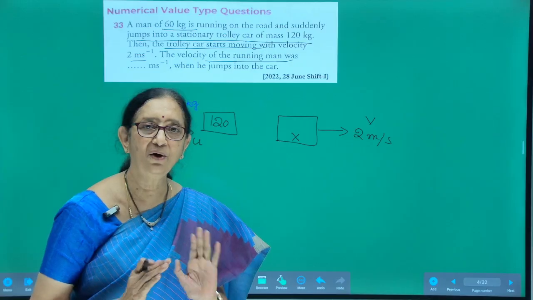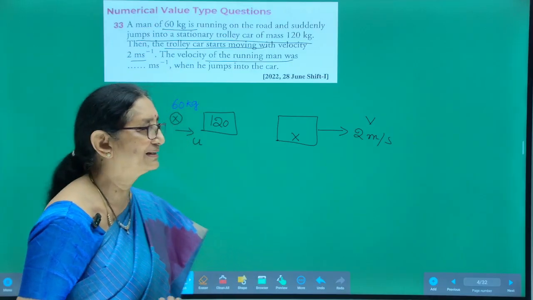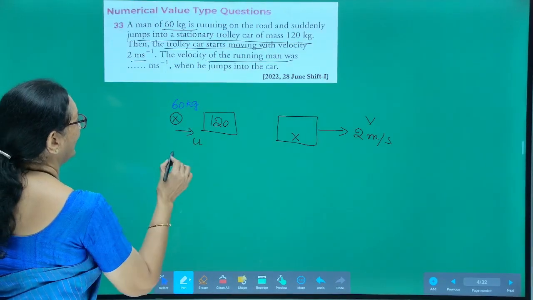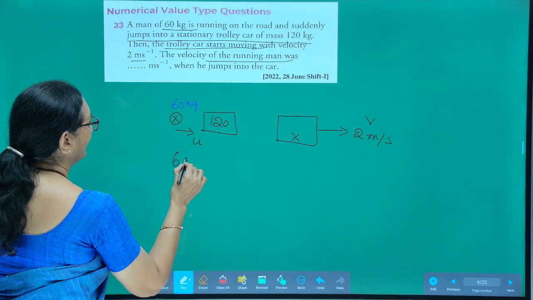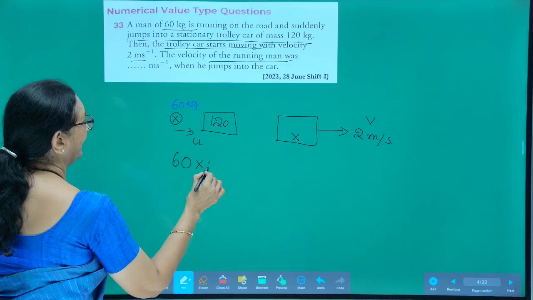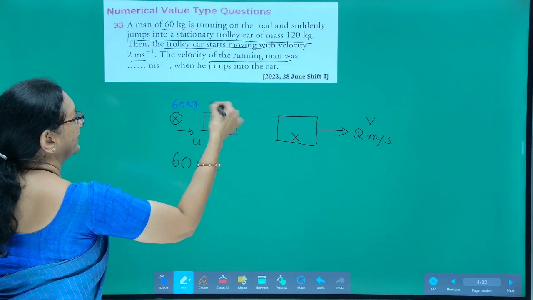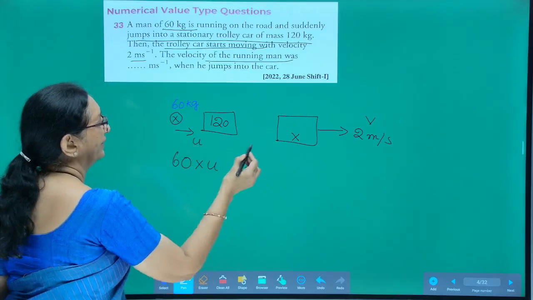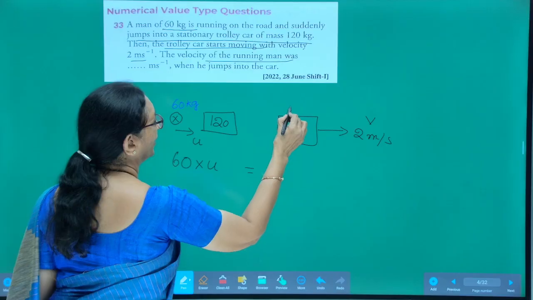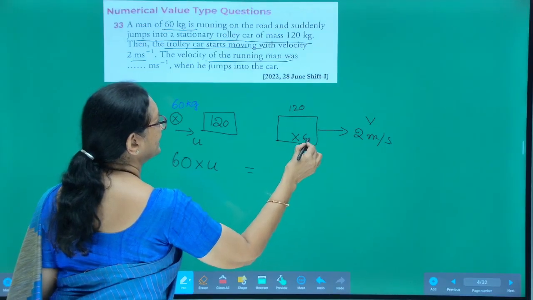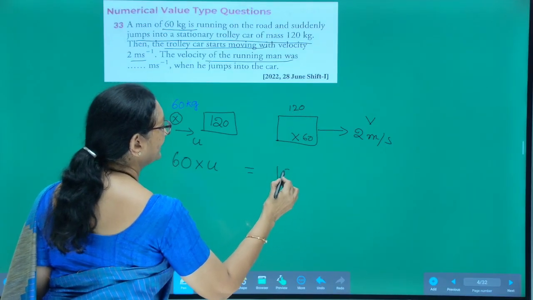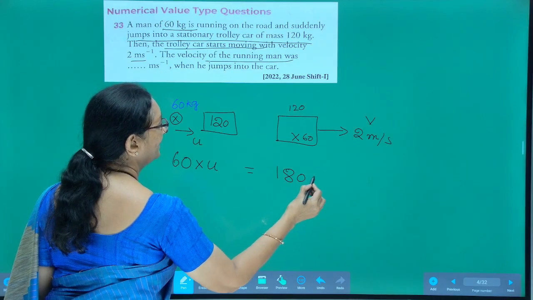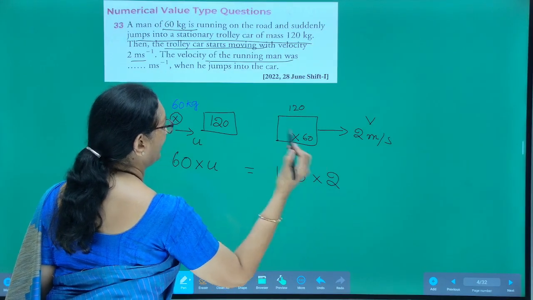There is no external force acting on the system. The total momentum of the system before is 60 into u, and the trolley velocity is 0, so it has no momentum before. When he jumps into the trolley, the masses 120 and 60 kg together make 180, into the common velocity.